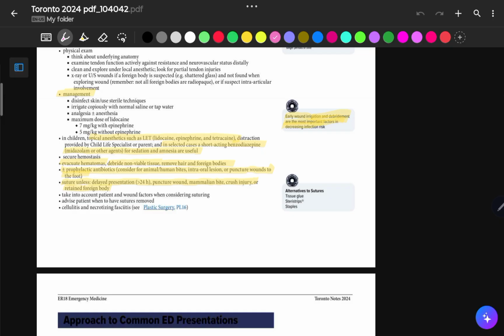Okay, so suture. You need to suture the wound, but there are cases where you do not need to suture. Number one, do not suture if there's a delayed presentation, if the patient is presenting after 24 hours, or there's a puncture wound, or it's a human bite or animal bite, or there's a crush injury, or there is a retained foreign body.